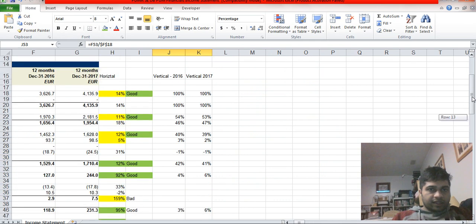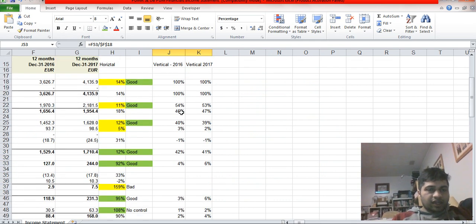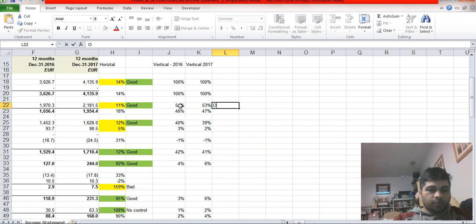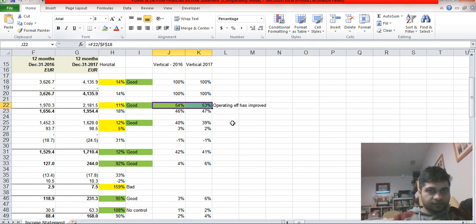Okay. Then if you see, earlier 54% was going to COGS. Only 53% is going to COGS. So operating efficiency has improved. This is good.